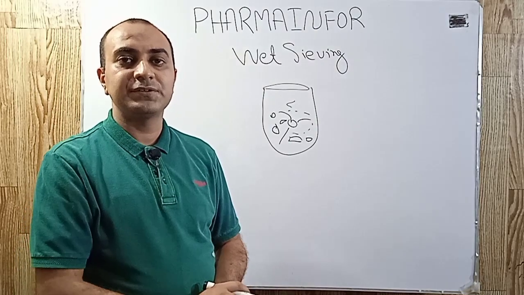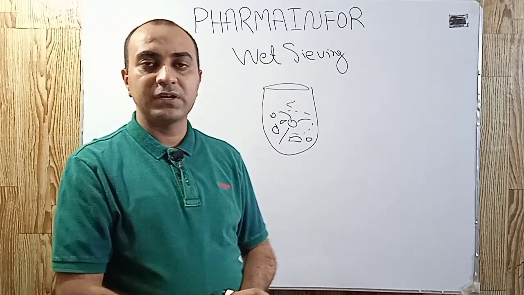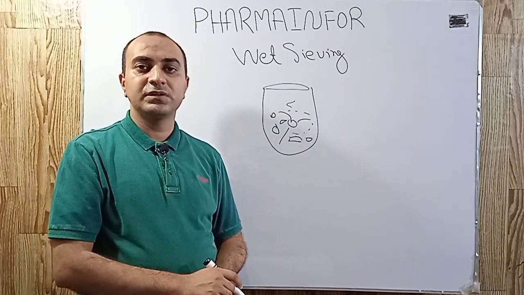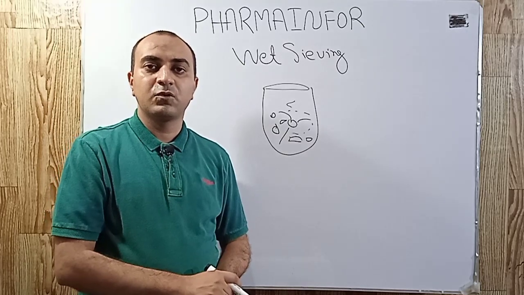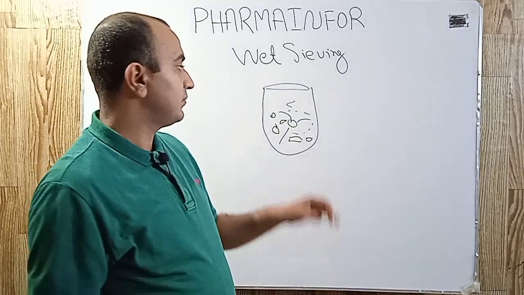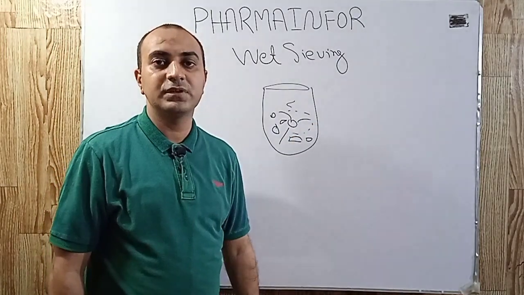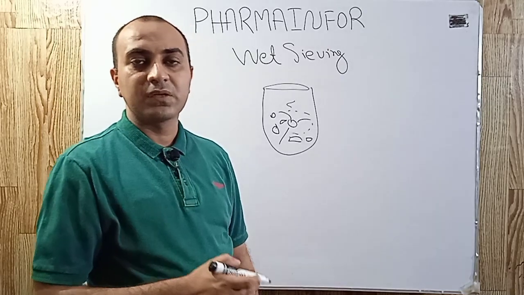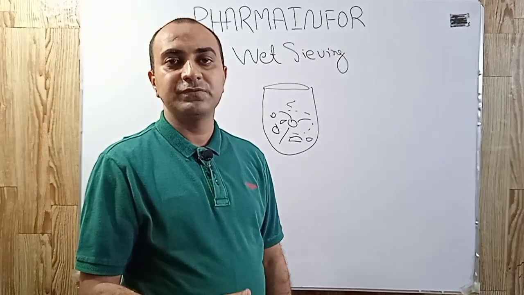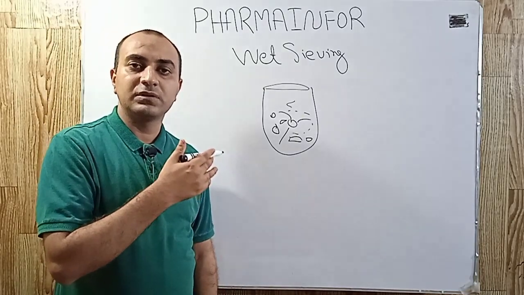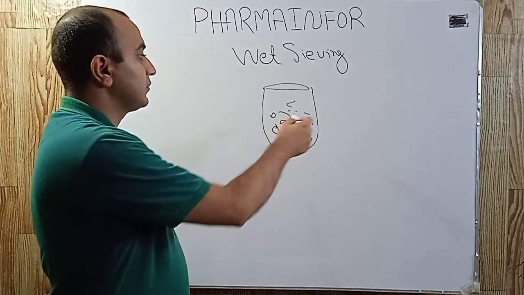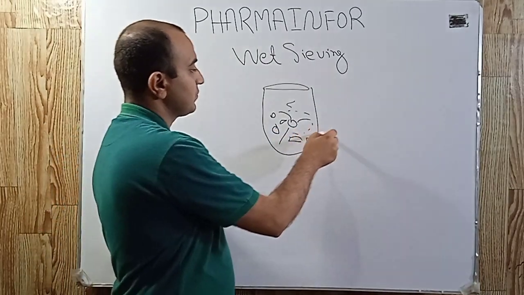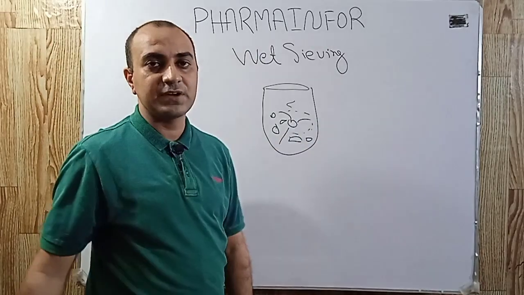There are two methods by which we can perform wet sieving, either by using an automatic method using a wet mill which is attached along with the high shear mixer or rapid mixing granulator, or we can use a manual sieve to sieve our wet mass.